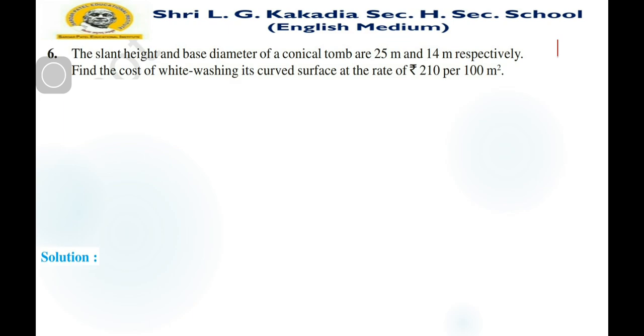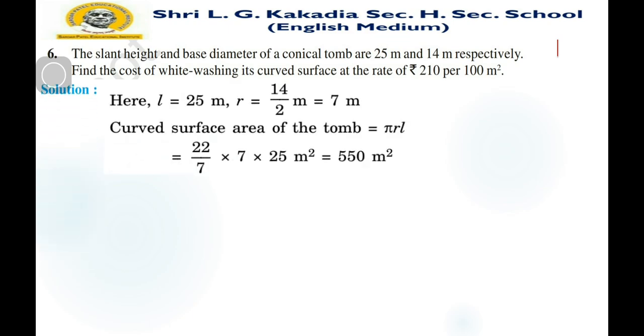So the solution: here L is equal to 25 meter, R is equal to 14 by 2 meter, which is equal to 7 meter. The curved surface area of the conical tomb is equal to pi r L, which is 22 by 7 into 7 into 25 meter square, which is equal to 550 meter square.